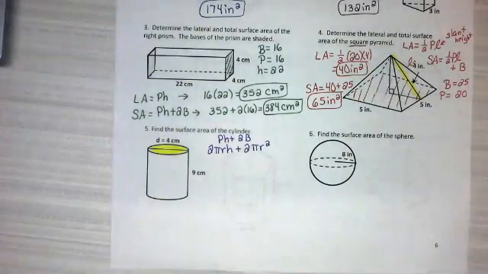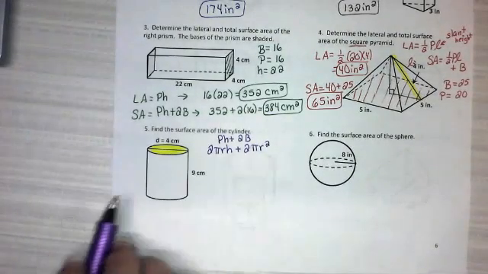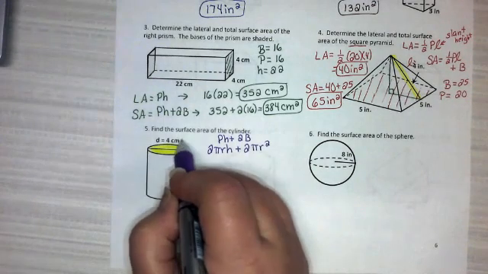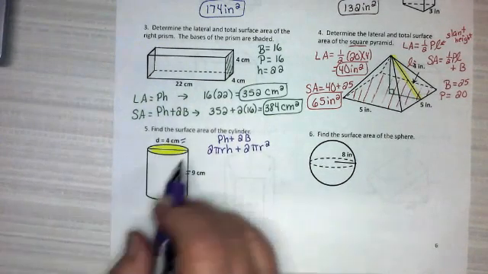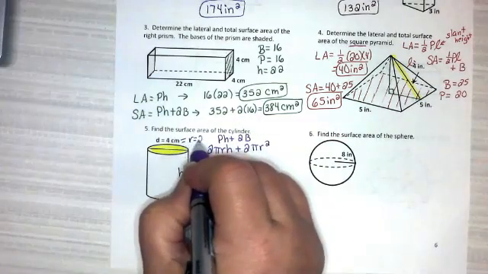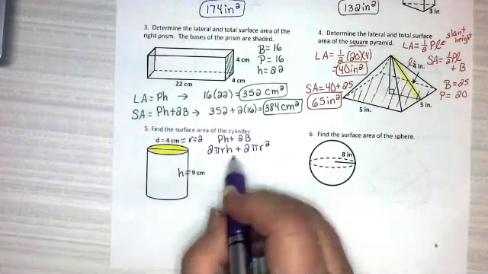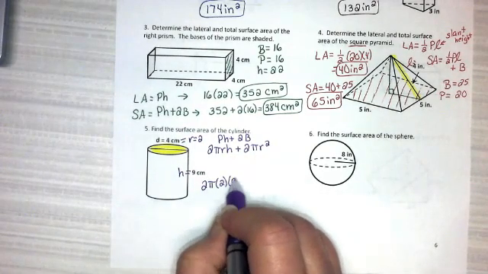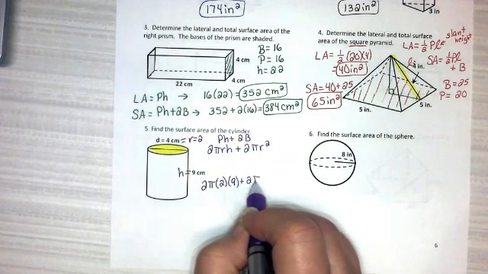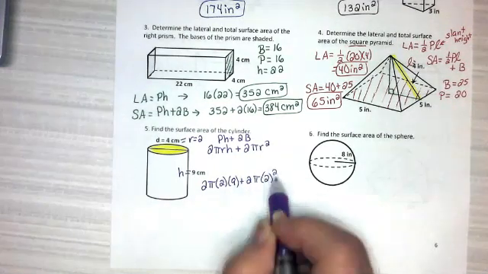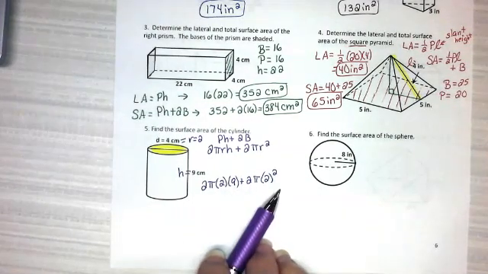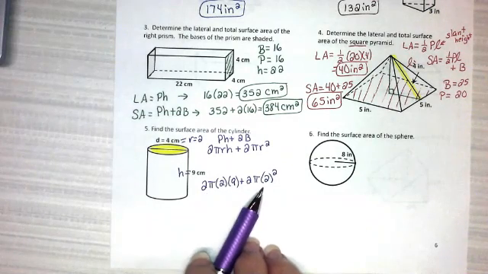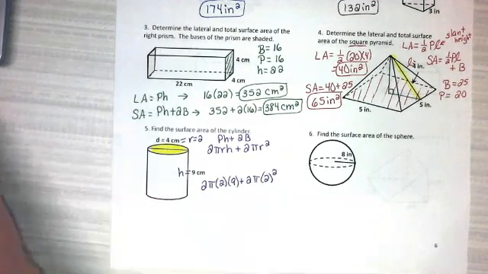So all we really need to know about our cylinder is what's the radius and what's the height. Well, 9 is my height. Look here, diameter is 4. That means my radius is 2. And I plug my numbers in. 2 pi radius height plus 2 pi radius squared. We're going to leave this in terms of pi. What that means is we're going to take care of all the numbers and then put a pi at the end.